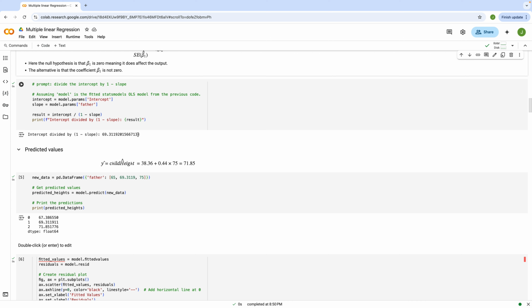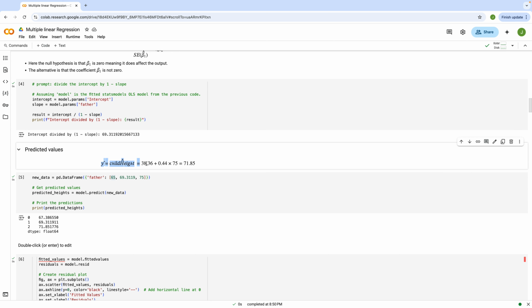We saw that the cutoff value of 69.31, if we use a value that's bigger than this, like 75, and if we use a value that's smaller than this, the offspring is going to, on average, experience regression towards the mean.